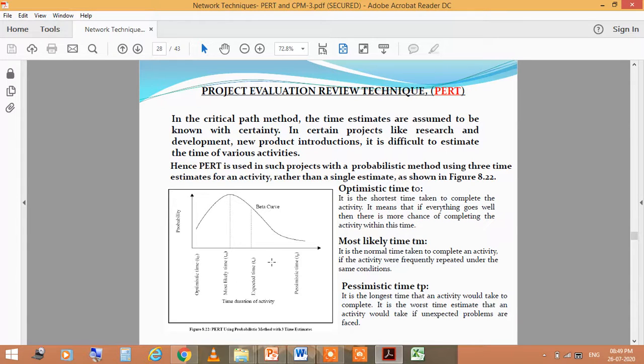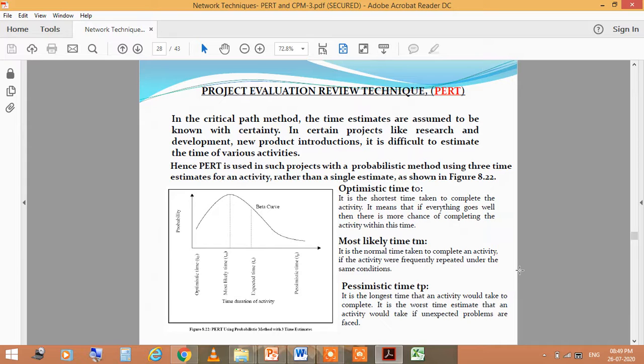You see here, this is the probabilistic graph. The most likely time, that is TM, is the normal time taken to complete an activity if the activity is frequently repeated under the same conditions.